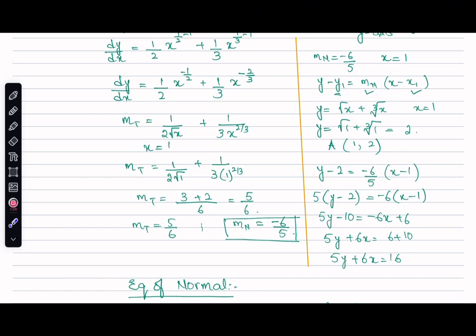So I can substitute this (1, 2) as x1 and y1 along with the gradient value, so that the equation of the normal becomes y minus 2 equals negative 6 by 5 times x minus 1. 5 gets multiplied by y minus 2, and negative 6 times x minus 1.